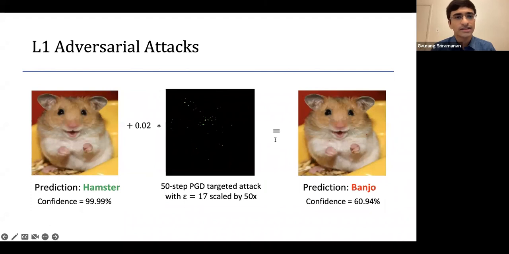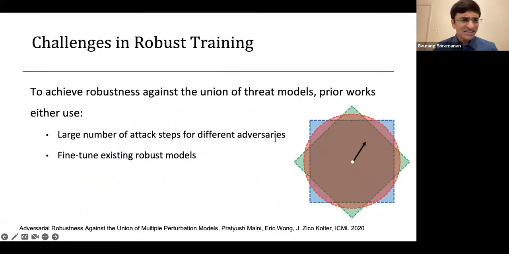And it's a lot more sparse than the L2 based attack, and is significantly more sparse than the L infinity based attack. And for this reason, the L1 attack is often used to model sparse attacks in the same way that L1 norm is often used as an approximation of L0 or the counting norm. It's not exactly a norm, but for the counting metric in some sense, where only a few pixels are allowed to be perturbed in the original sample. So what are some of the challenges involved in robust training in this setting for the union of threat models?